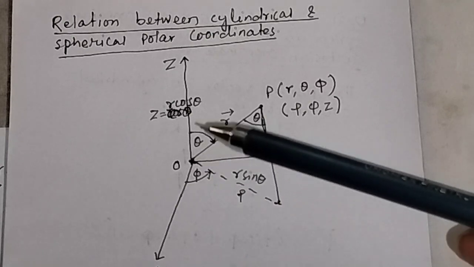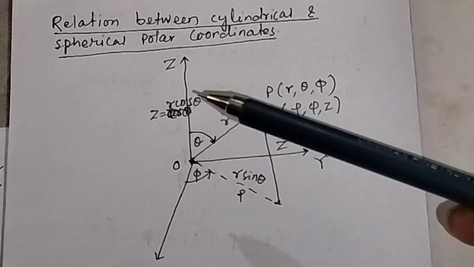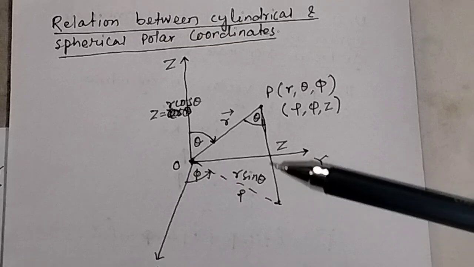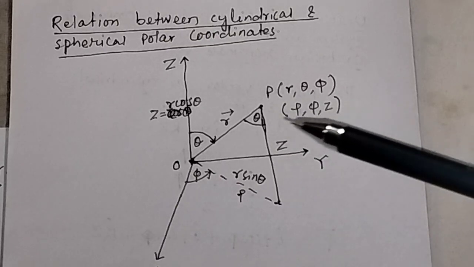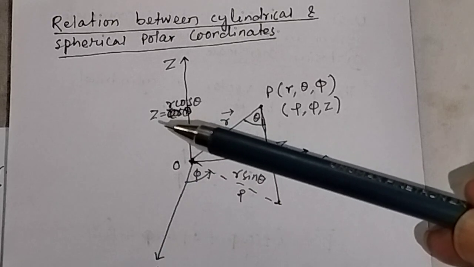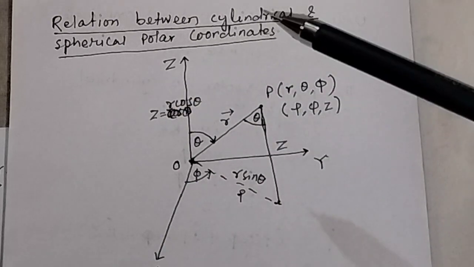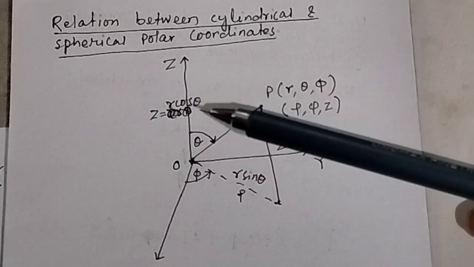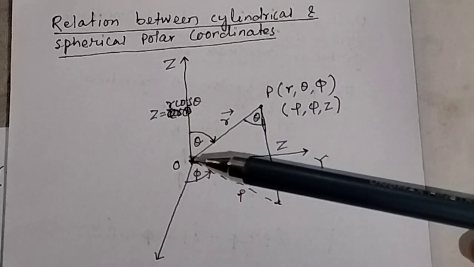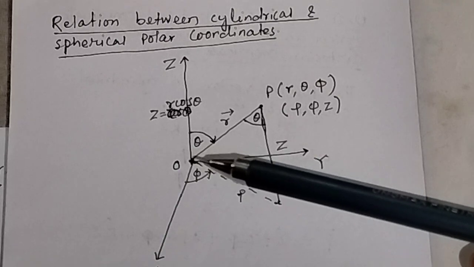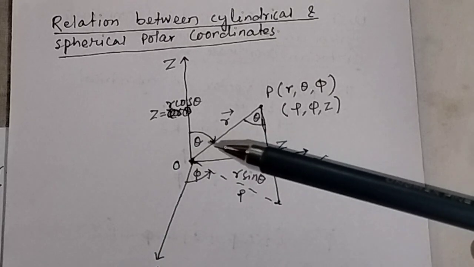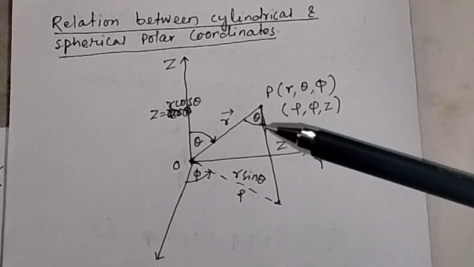This r cos theta component will be parallel to this z, which is in cylindrical coordinate. So one relation you can find between cylindrical and spherical polar coordinate is z equal to r cos theta.